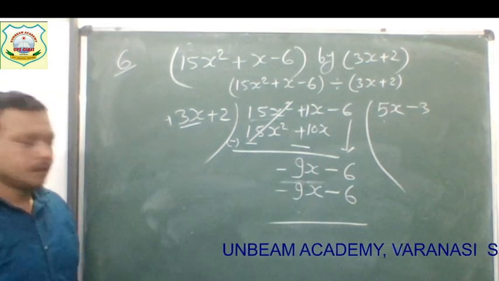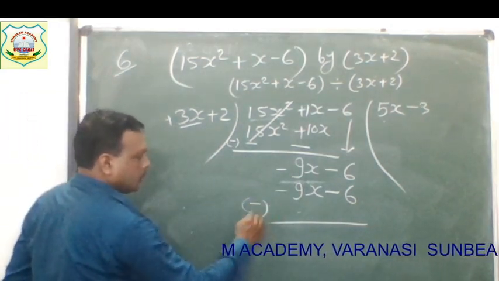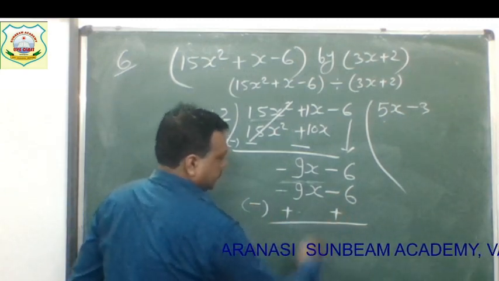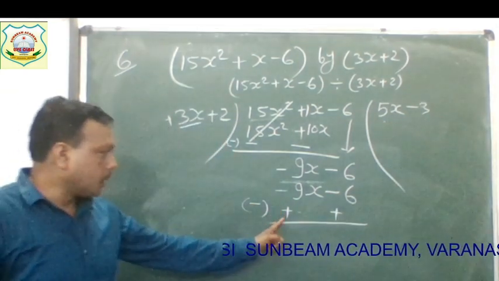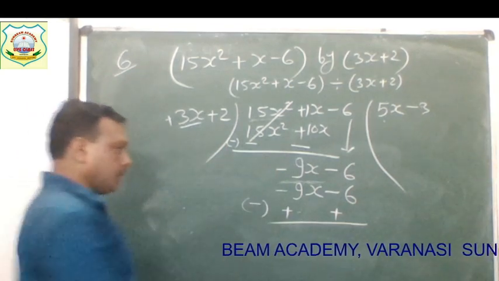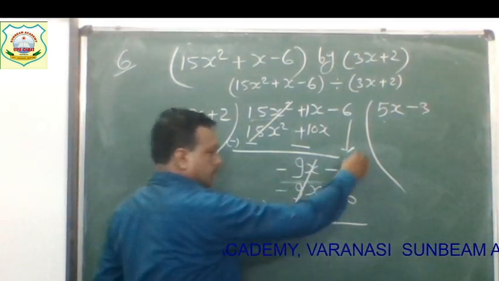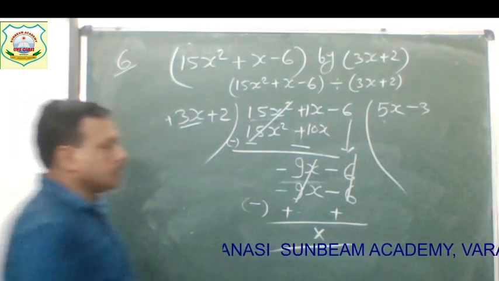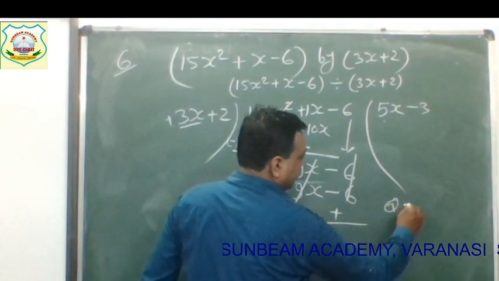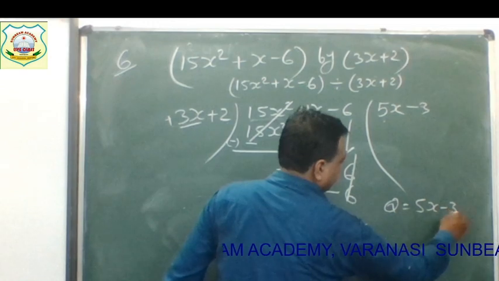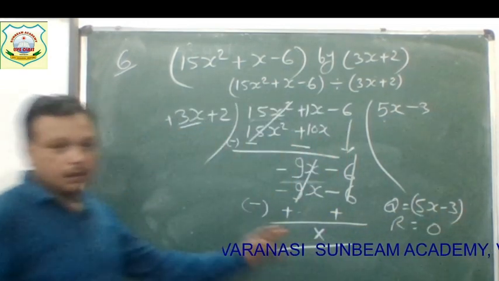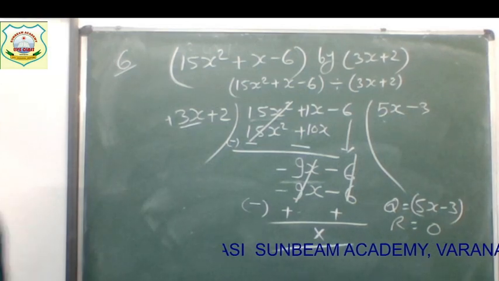Minus into minus, that is plus. You can see here plus minus, minus cancel, plus minus cancel. So our quotient is 5x minus 3 and the remainder is 0. Okay students, note it down.